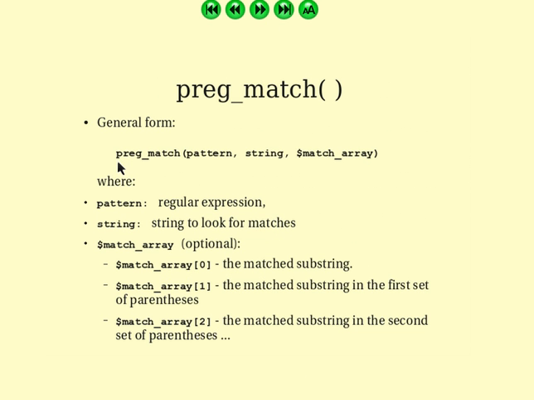This is the PHP version of how we can check to see if something matches. We put a pattern here, then a string to check, and then optionally there's this third parameter that will return any of the matches. Now I'm not going to require that you have a knowledge of this function.